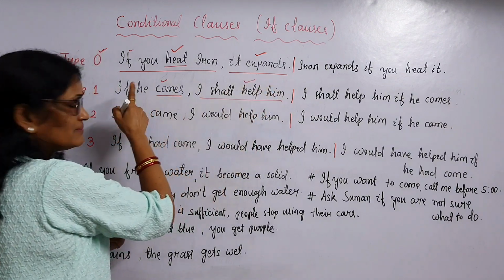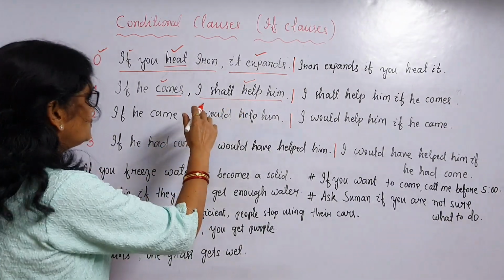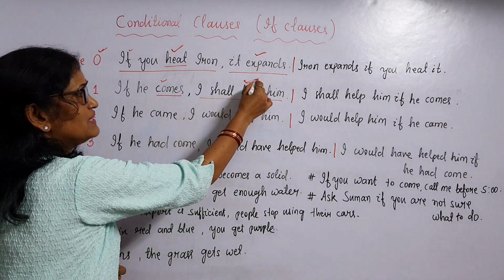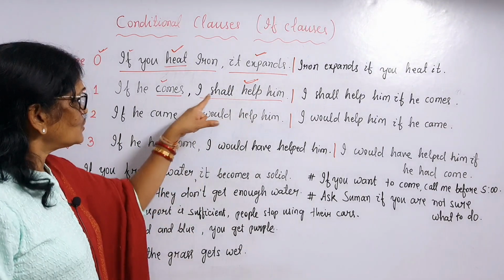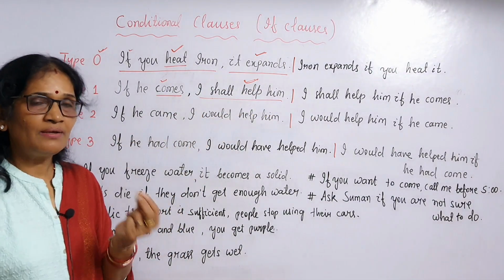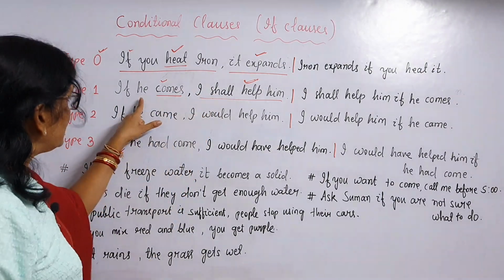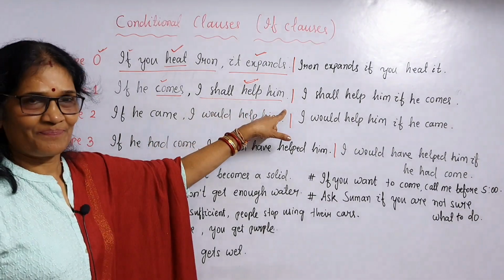This is the if clause, and we get the result here. Then you use modal plus simple present. Modal takes simple present, so I shall help him. We also use will, may, can here. We use the modal verbs here. If he comes, I shall help him.